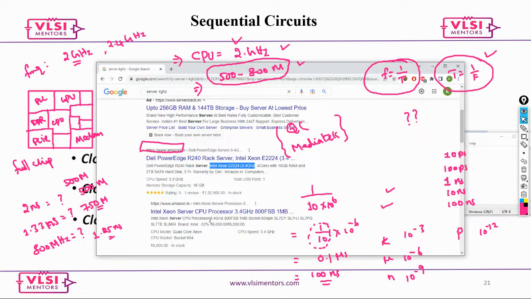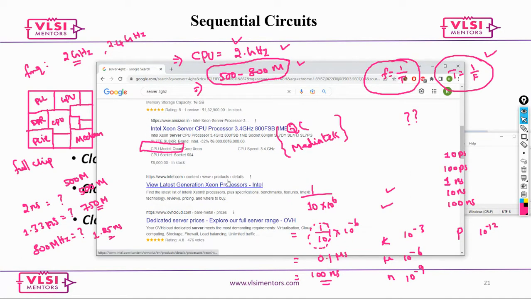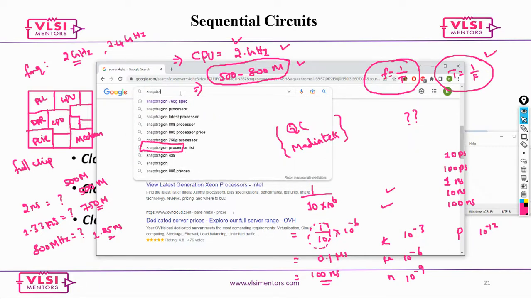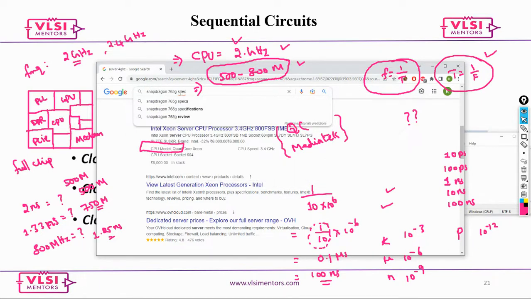Okay. So now, if you look, let's take a look at the Snapdragon processor.